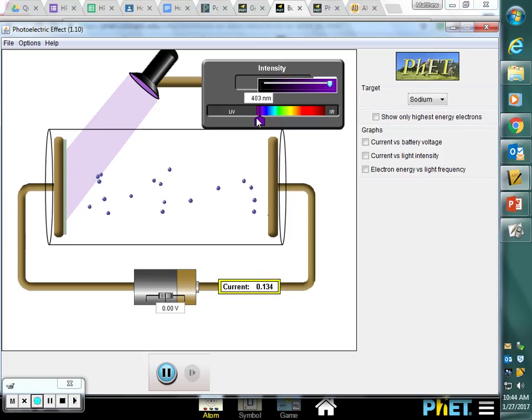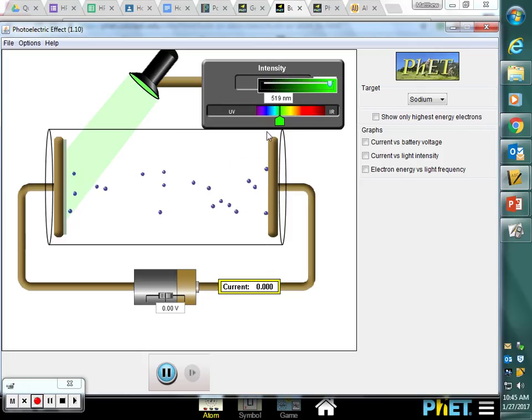Purple light bulb goes out, blue light bulb goes in. What happened to the current? Went down. Still just as bright. I haven't changed how bright the bulb is, just the color. Blue light bulb goes out, green light bulb goes in.